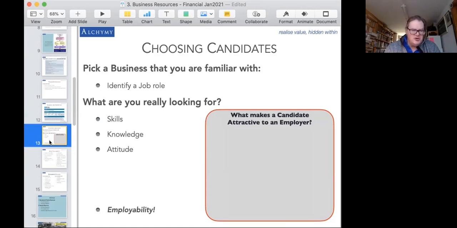What attitude would be useful for them to have? Put yourself in the position of being an employer. What do you think somebody in this organization needs when they're hiring somebody? Pick any business you're familiar with. It could be the store down the street. Identify a job role in that store and tell me what skills, knowledge, and attitudes that business might be looking for, okay?